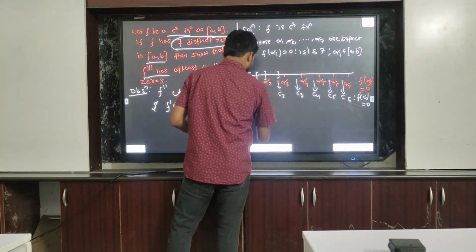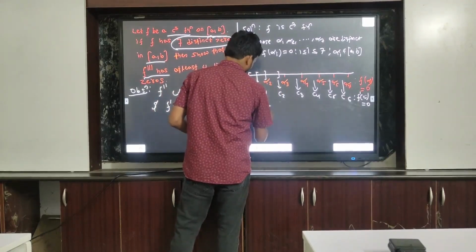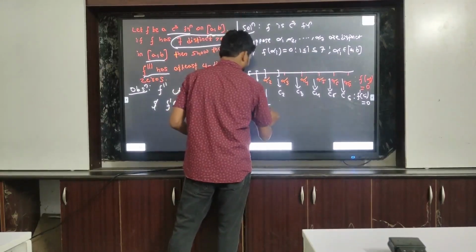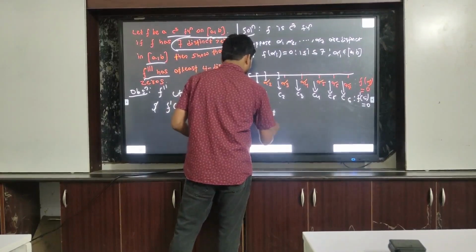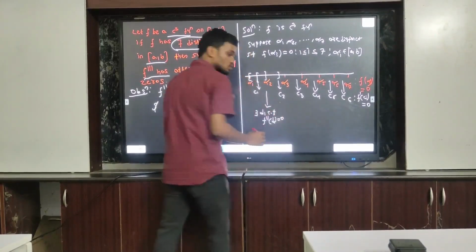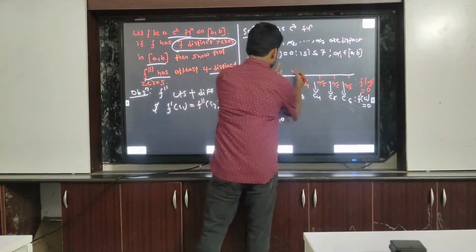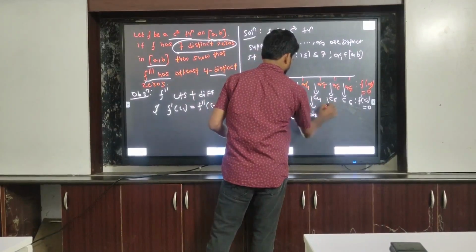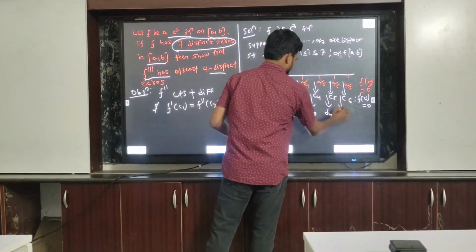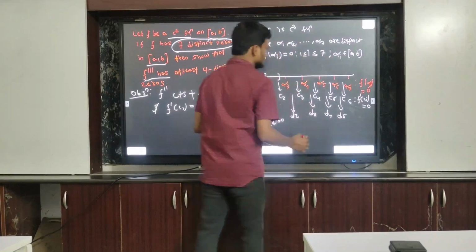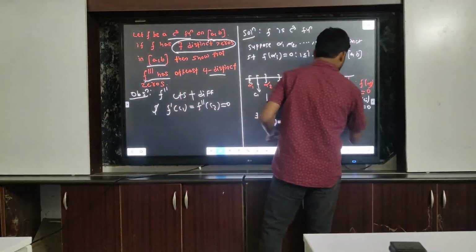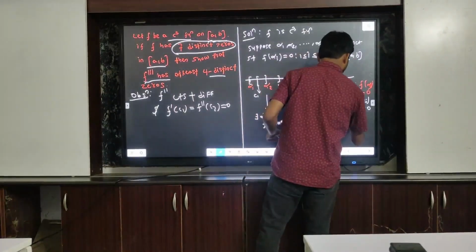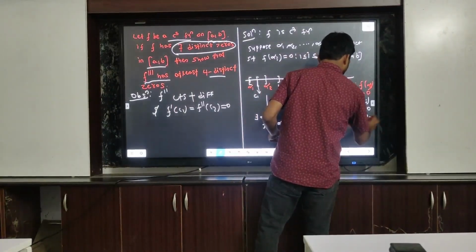There exists a root, suppose D1, such that f double dash D1 is equal to 0 by Rolle's theorem. Similarly, in this interval there is D2, D3, D4, D5, so that f double dash Di is equal to 0.